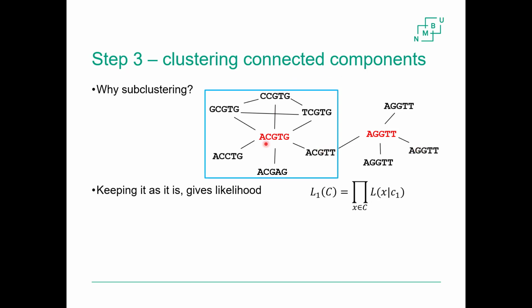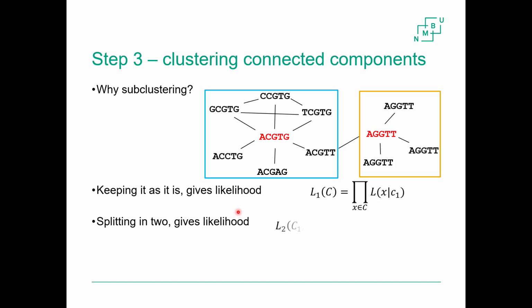If we now split this into two groups, like I indicate with these rectangles here, and this looks like a very smart way of splitting it, then we will have another likelihood that looks like this. So now we have two groups, C1 and C2. In each group we find a consensus sequence, and that will now become the mother sequences because they now fall into each group.